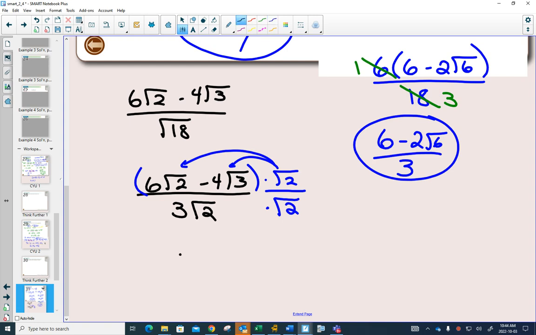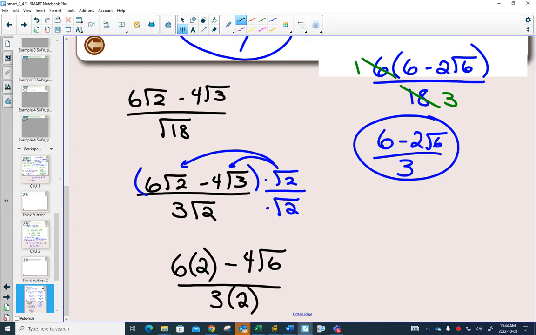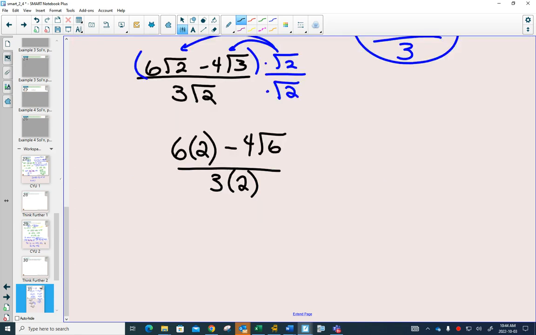I get 6 times, and are you okay this time that root 2 times root 2, I'm just going to write it as 2 instead of root 4 to save ourselves a half a step. Minus 4 root 6, and on the bottom I would have 3, and then root 2 times root 2, that's just 2. So I have 12 minus 4 root 6 divided by 6.